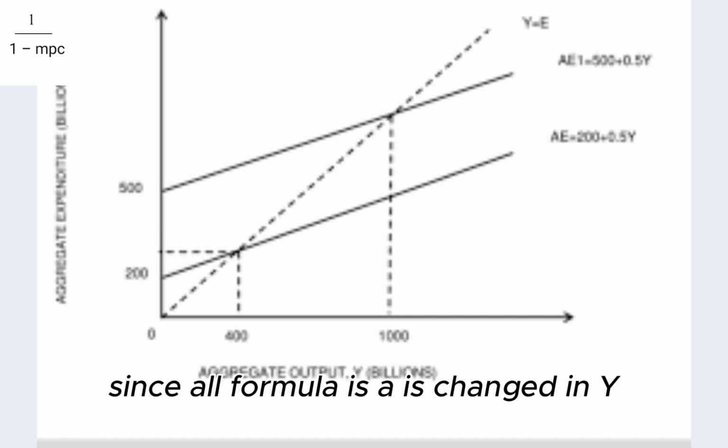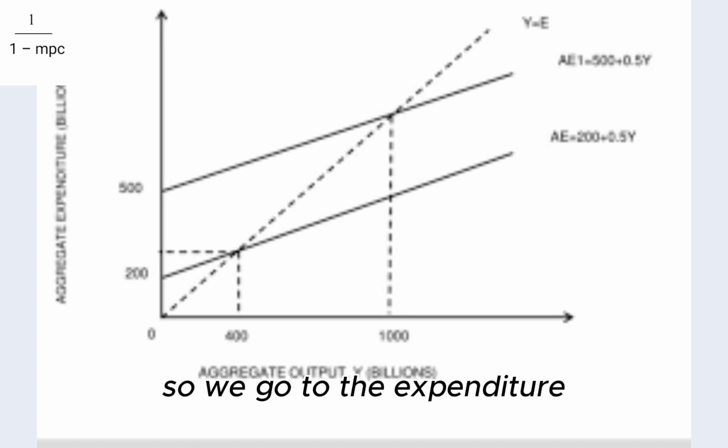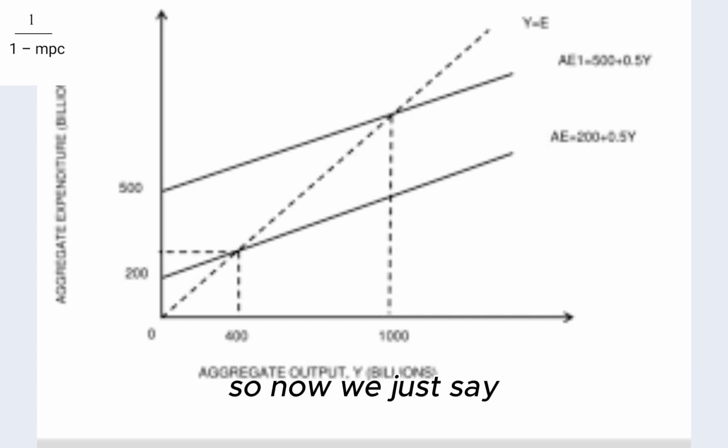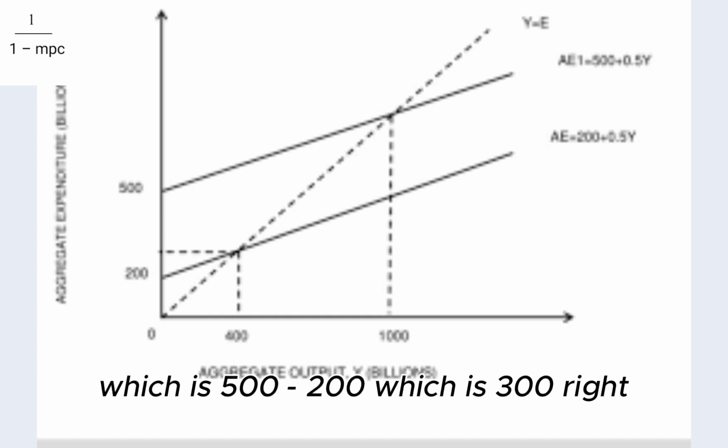Now we go to the other side again. Since our formula is change in Y, change in income divided by change in injections, we go to the expenditure. We all know that expenditure is an injection. So we just look for the change again, which is 500 minus 200, which is 300.